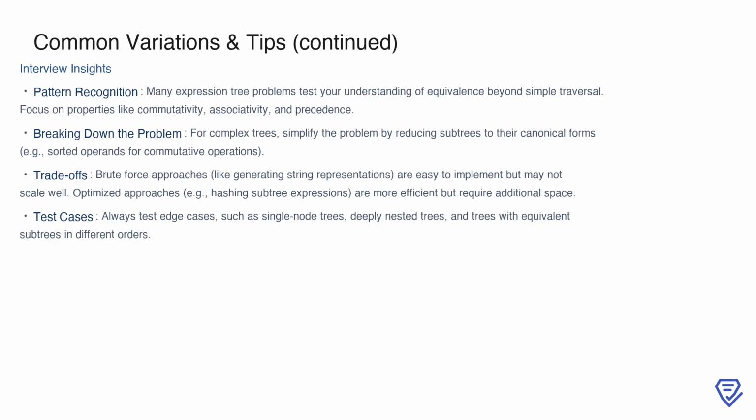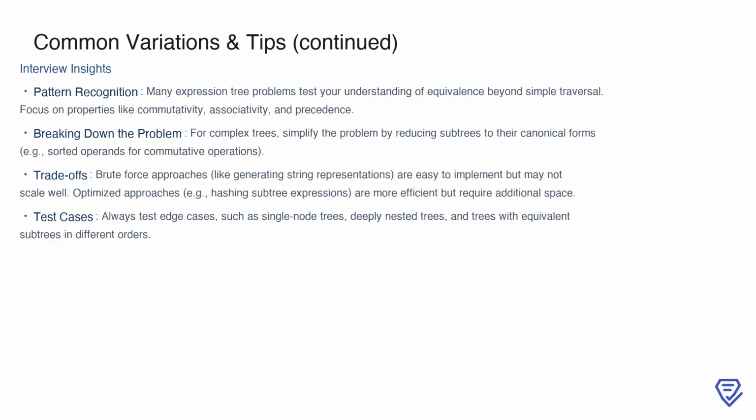Now, let's consider some interview-focused insights for tackling these types of problems. Many expression tree challenges test your ability to move beyond simple traversal and recognize deeper properties such as commutativity, associativity, and precedence. Breaking down complex trees into smaller, canonical forms, like sorting operands for commutative operations, can simplify the problem significantly. However, it's also important to evaluate trade-offs.